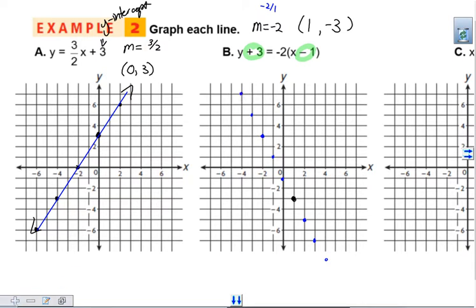And again, make sure that you have a line connecting the dots with arrows at both ends.